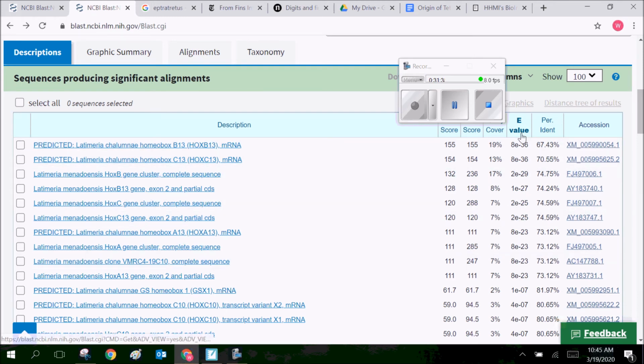Now that might be weird to you because we said that lobefin fishes were the group that actually led into the development of the tetrapod. Remember that here we're looking at the gene for digits, not for the humerus or for the bones that support the arm. So those would probably be closer in our lobefin fishes than they are here.